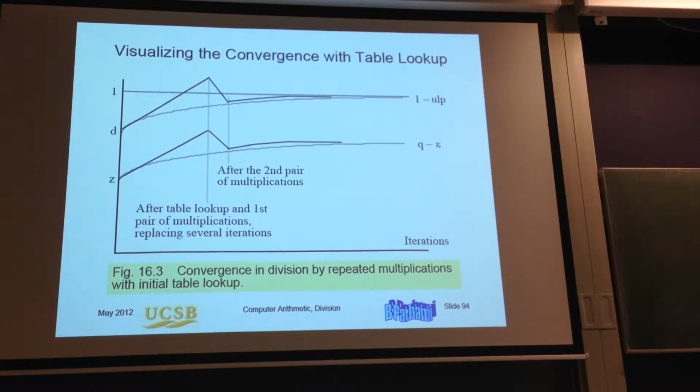Now, this will bring you to that kind of approach. Remember, in a normal multiplication base, you are converging nicely to q into 1, and you can get closer to 1 minus unit in last position.